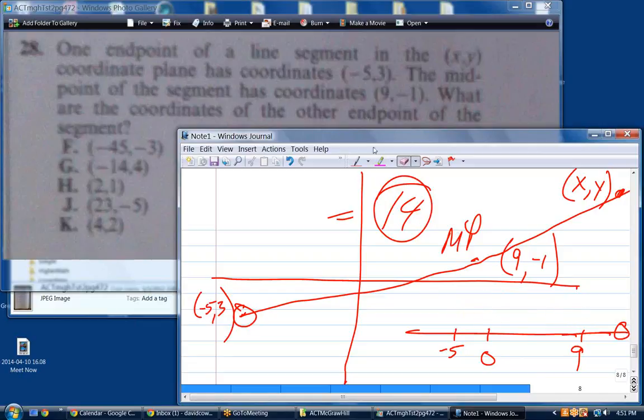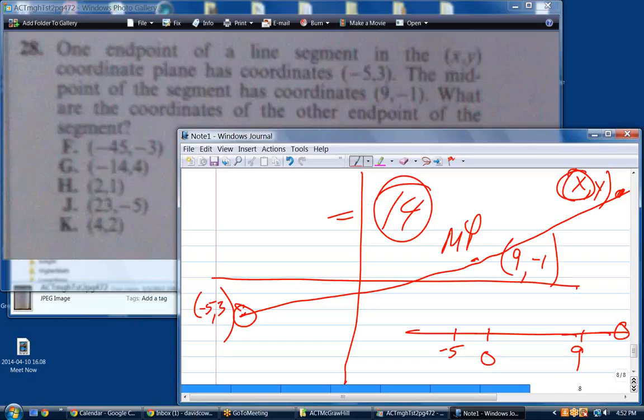Okay. So what is x? Would it be 14 more? Yes. What is that? That would be 23. Yes. What's our answer? 23, negative 5.